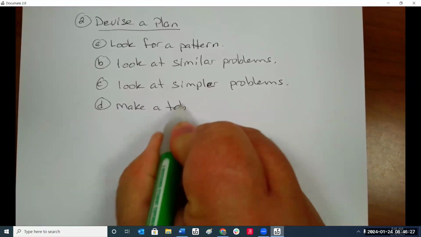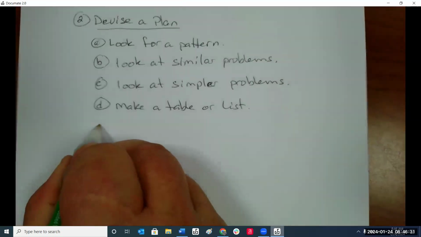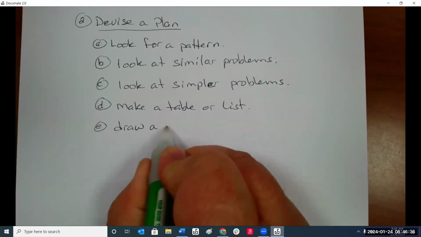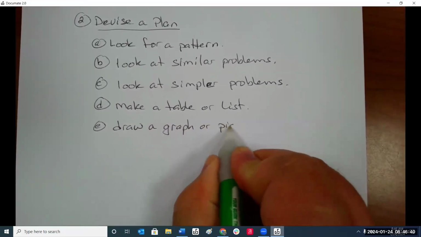Make a table or list. Draw a graph or picture.